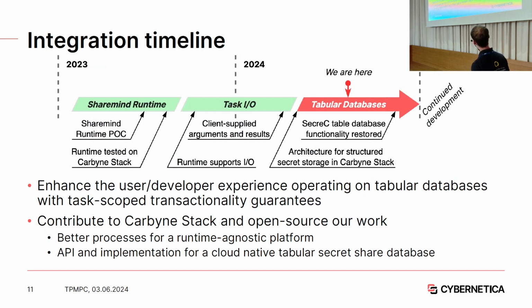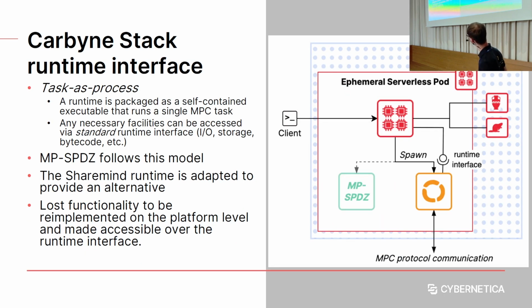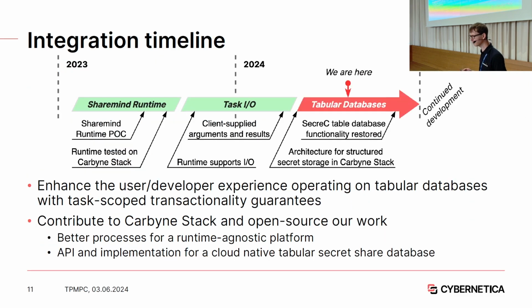Yep, and this is where we are at the moment. So we started quite some time ago, exactly with this picture. So just throwing away everything from the Sharemind application server, just leaving the core, the MPC protocols. We have implemented this, it works.